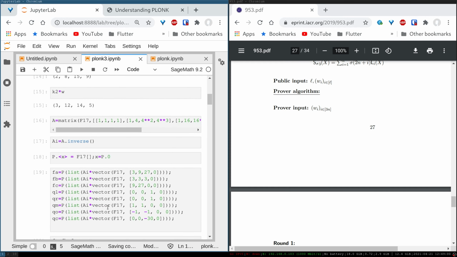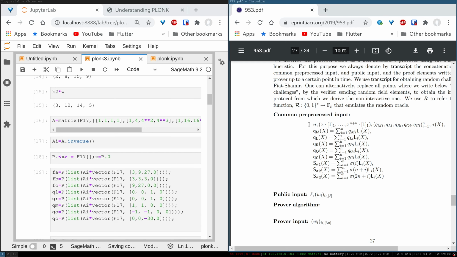This is going to be useful because we are still calculating our Q polynomials. These Q polynomials have to interpolate to the values that we expect from A, B, C, QL, QR, QM, QO, QC at their labels.